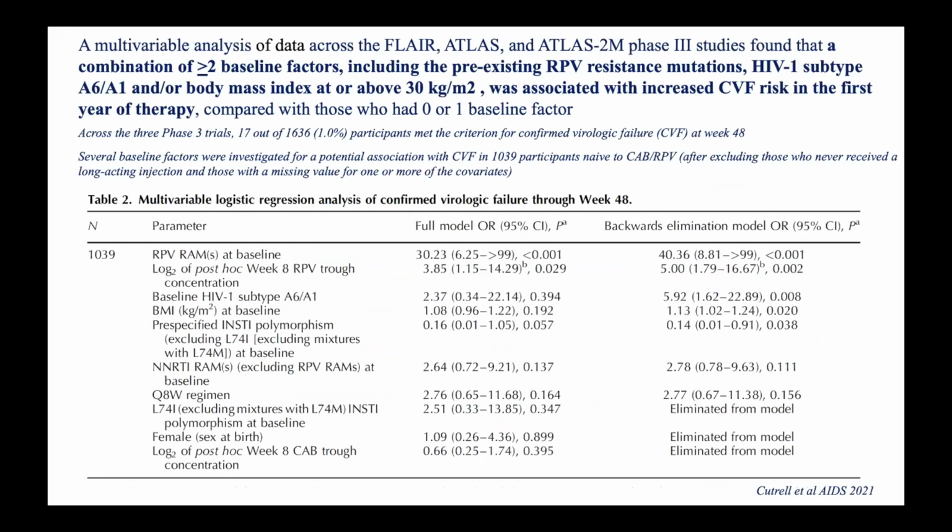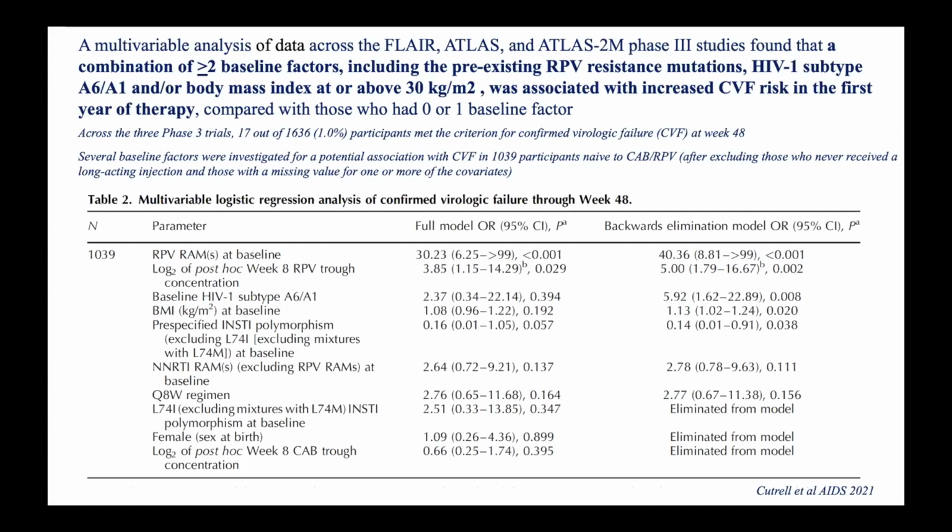And probably you heard that this combination is very active. There have been 3 phase 3 trials that allow the use of this combination in individuals that are virologically suppressed on therapy, so they can be switched to this combination treatment.